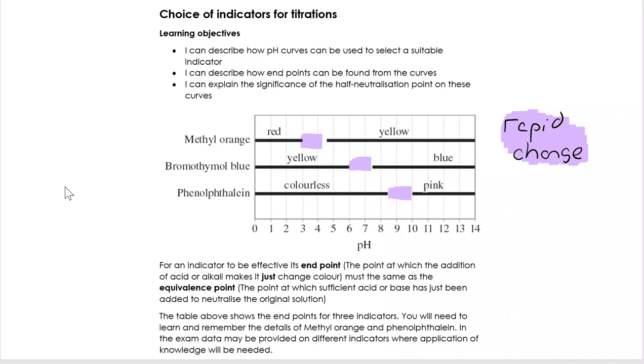For an indicator to work, that colour change has to happen where there is a rapid change in pH on the addition of small volumes, and it's really quite useful to watch this video in conjunction with part 4 where we look at pH curves, but we are going to revisit those in this video as well. So we would get the rapid change in the area that I've highlighted.